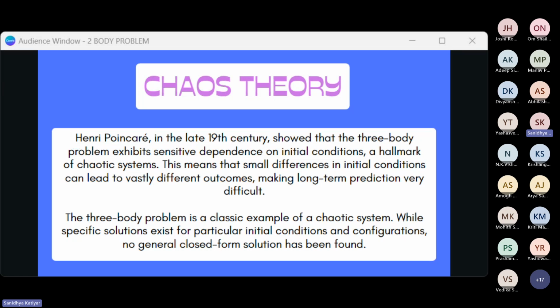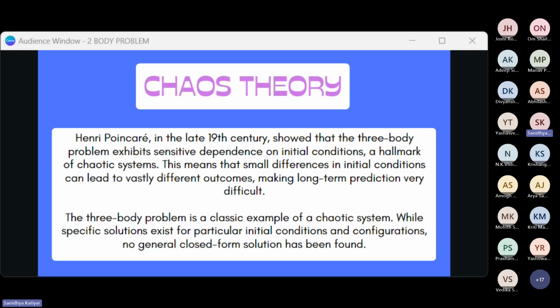Henri Poincare showed that the three-body problem exhibits sensitive dependence on initial conditions, which is a hallmark of chaotic systems. So what are chaotic systems? Chaotic systems are those in which the final position, in all these simulations, exhibits a sensitive dependence on the initial conditions.